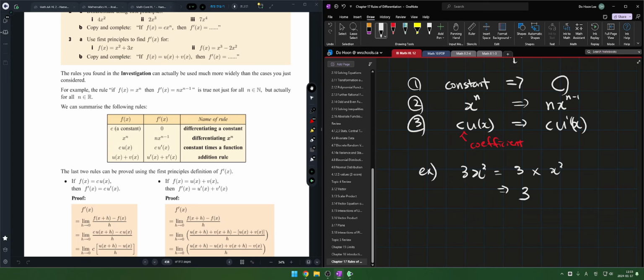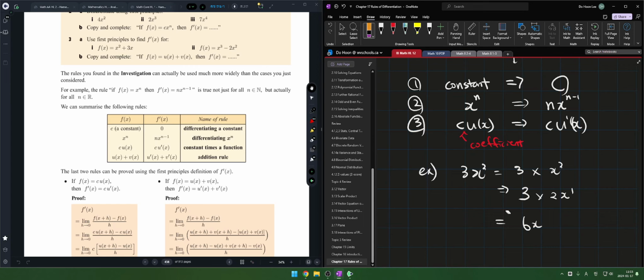And then we only differentiate the u of x. The u of x was x squared. Now x squared is x to the power of 2, so the 2 goes down, and then the exponent 2 minus 1, so it's 1. So this becomes 6x.